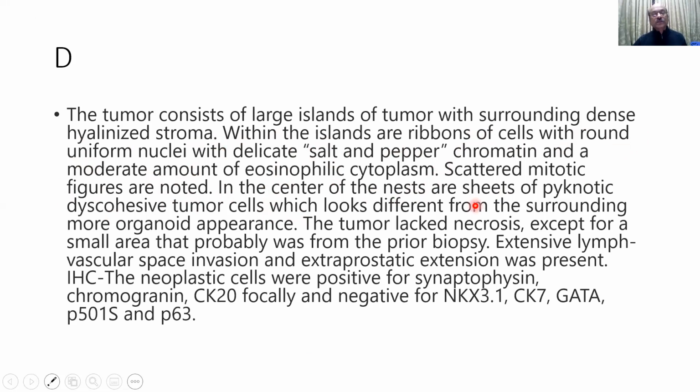In the center of the nests are sheets of pyknotic discohesive tumor cells, which look different from the surrounding more organoid appearance. And these cells are CK20 negative, negative for prostate cancer and urothelial cancer markers, but they are positive for synaptophysin, and the Ki-67 index is low.